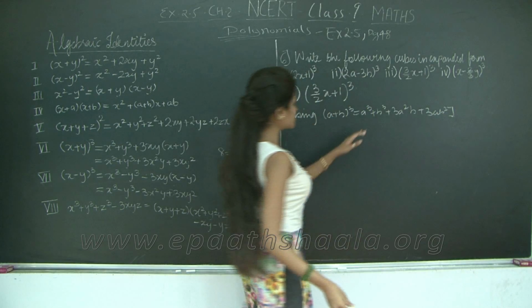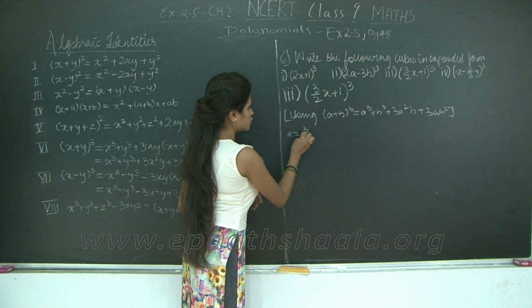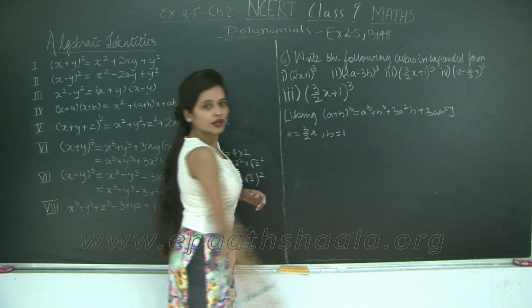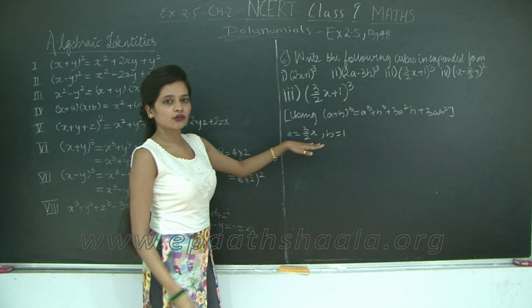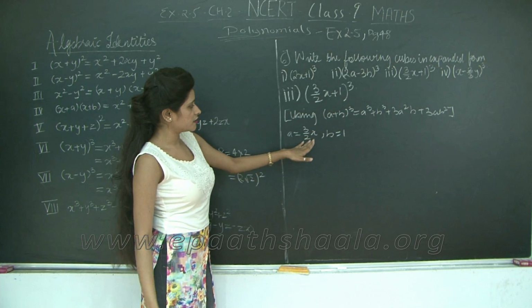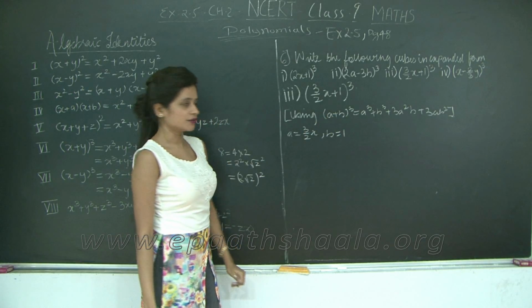So what is my a and b over here? My a is 3 upon 2x and b is equal to 1. So let's substitute the values of a and b into this expression and find a solution.